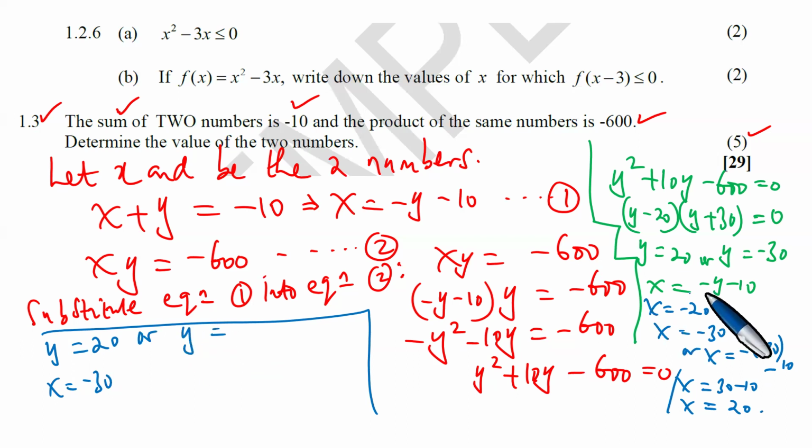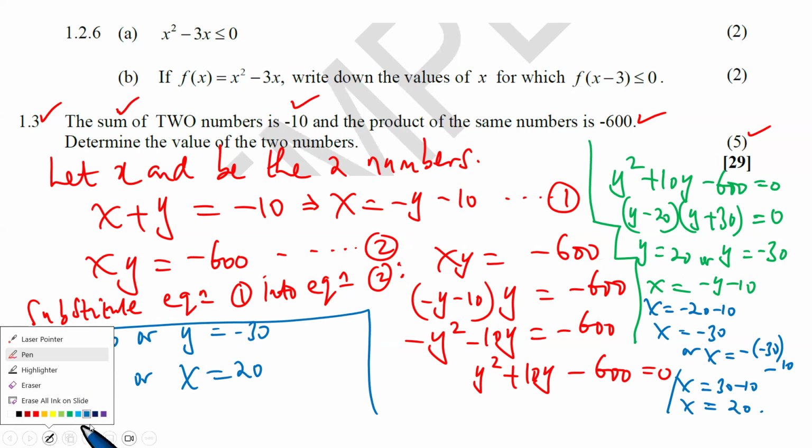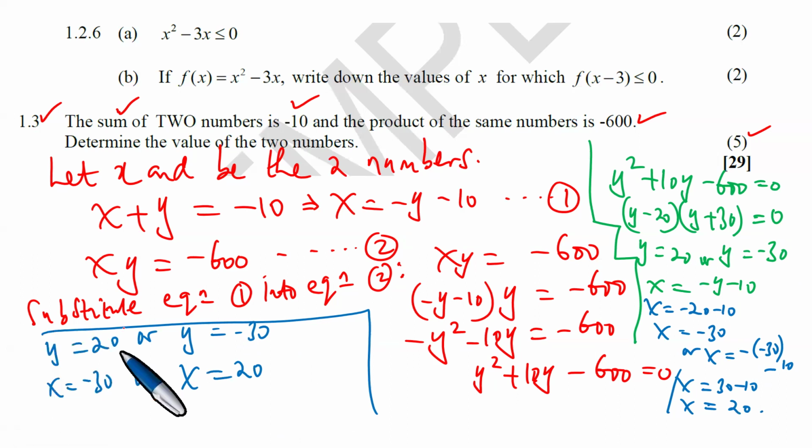So we got y equals either 20 or minus 30, and x equals 20. So minus 30 and 20, 20 and minus 30. And that's the answer to the question. We proceed to solve the next one.